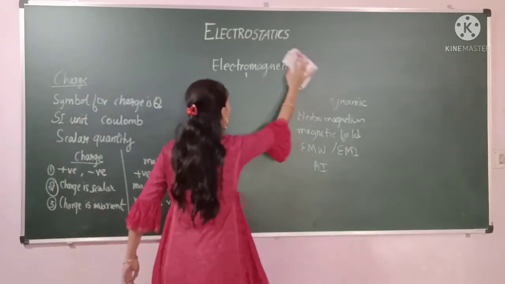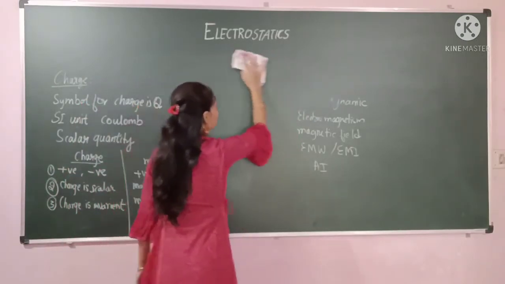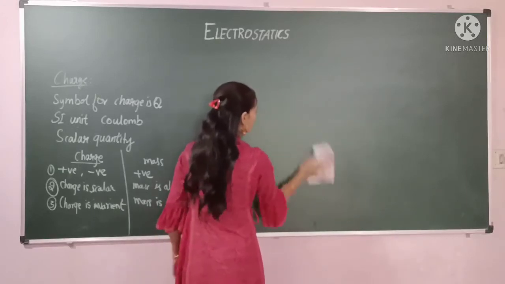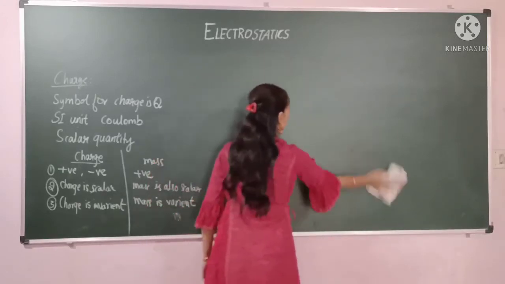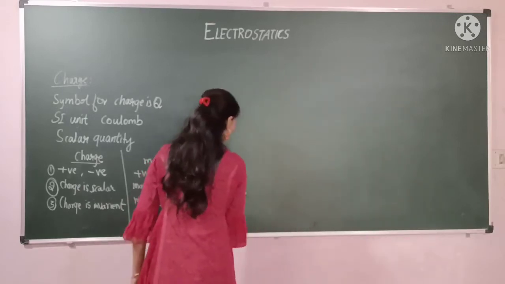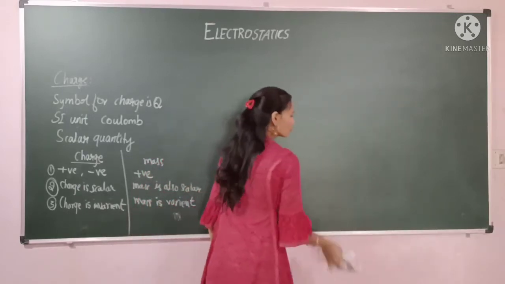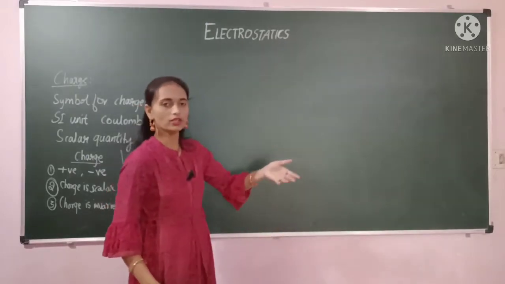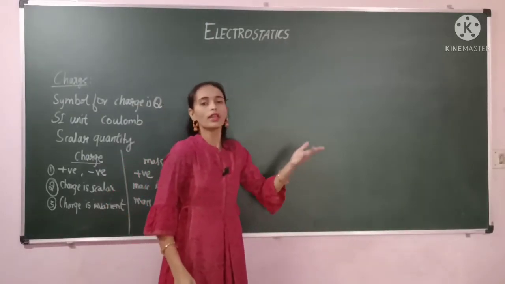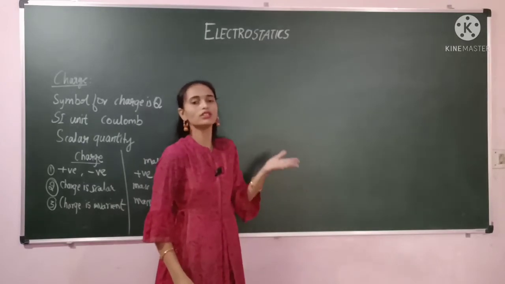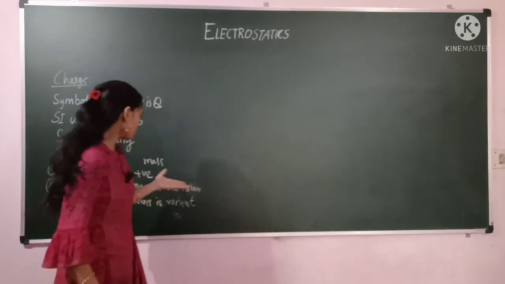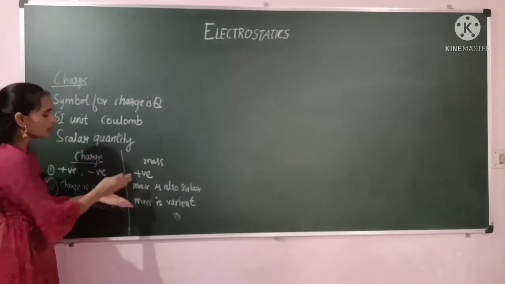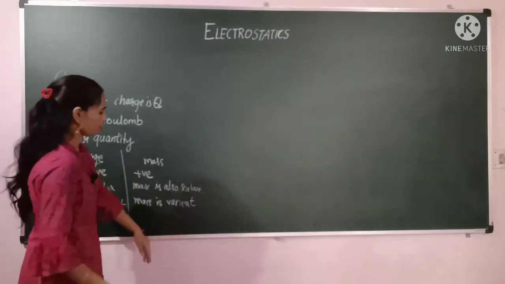Whenever a charge is moving with high speed, its value will not change. Before moving it has some value, and when the charge is moving, the value present with this charge will not change with respect to velocity, but mass will change.